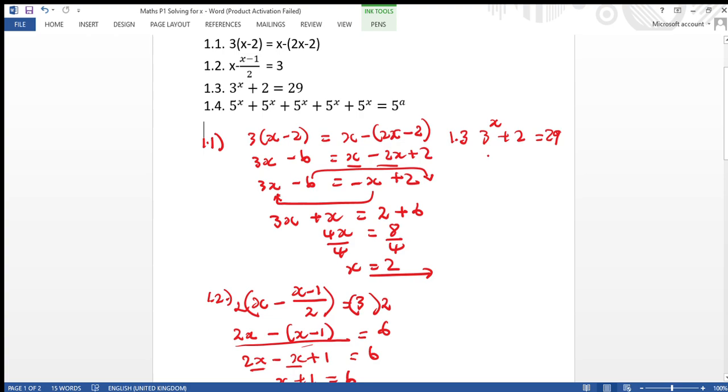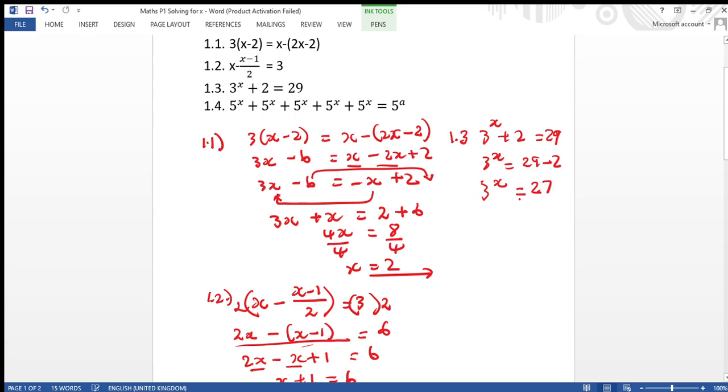So this we can rewrite as 3 to the power x is equal to 29 minus 2. And then remember 2 goes to the right hand side, it's going to change the sign. Then you'll be left with 3 to the power x is equal to 27.